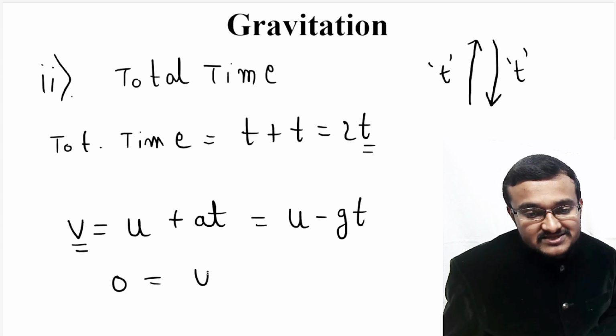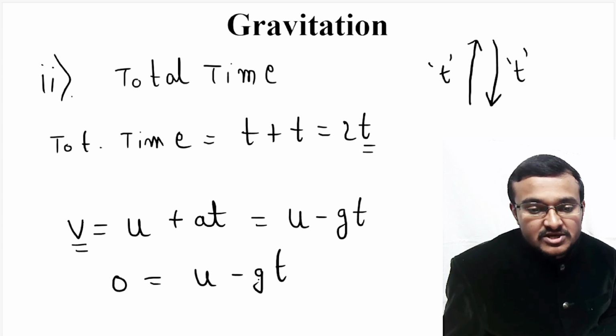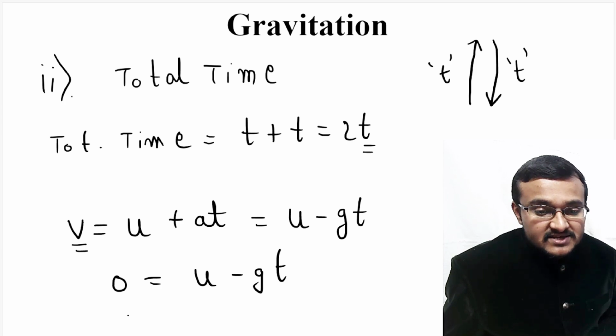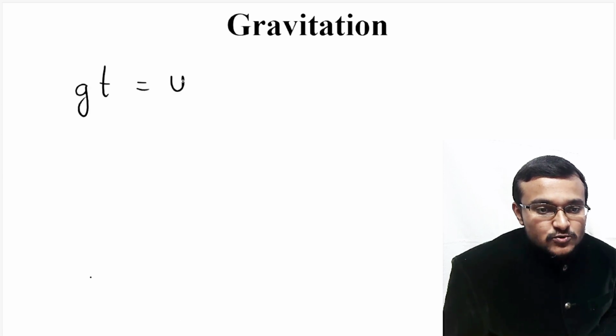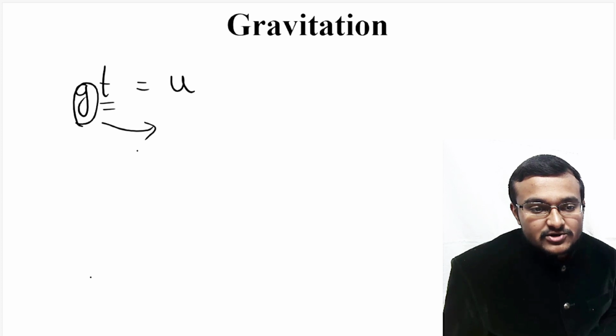So that means 0 is equal to u minus gt. If you bring gt to LHS, it will be plus gt is equal to u. So now we have gt is equal to u. Now t you can keep in LHS and this g you can bring to RHS. So t is equal to u divided by g.